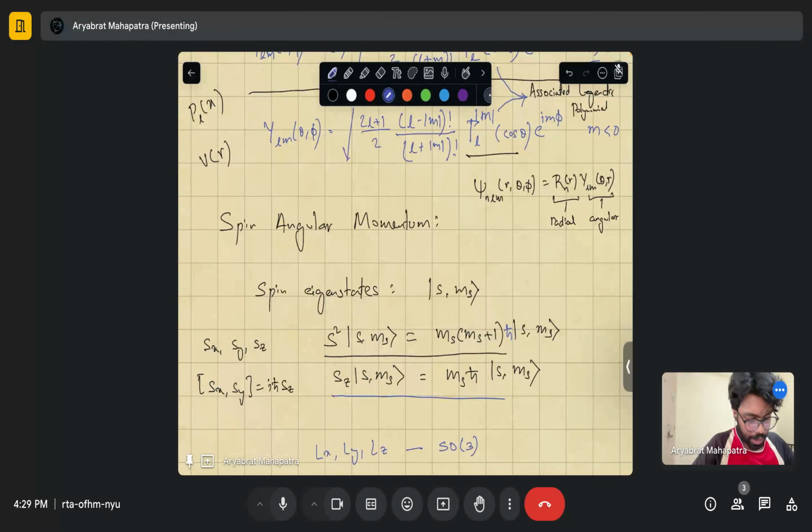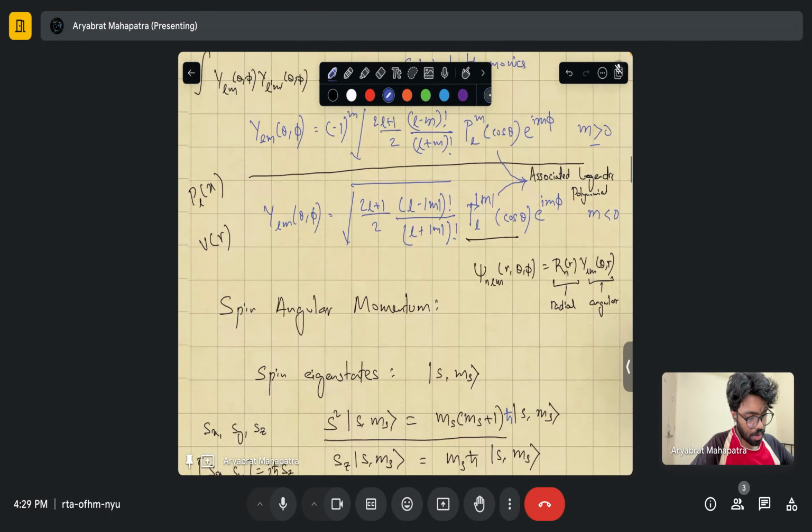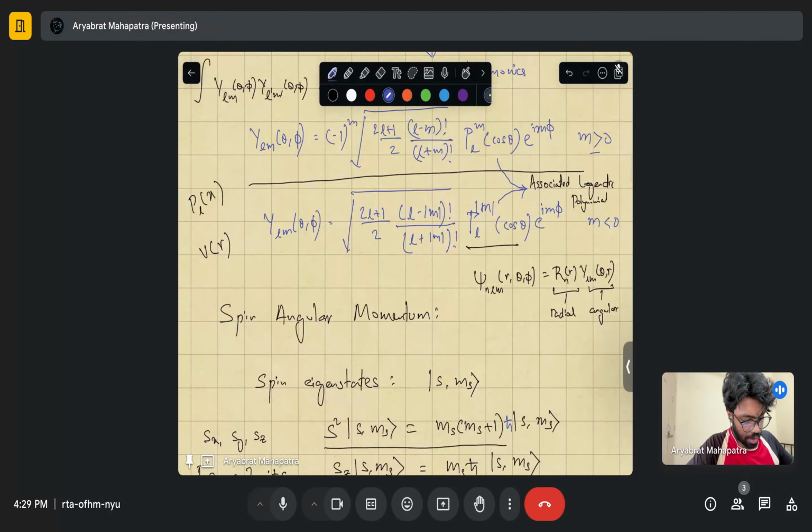So you're talking about more detail on the spin? Not only that. For example, when you write the angular wave function, you clearly explain every part: this part corresponds to a linear function, this part is the phase change, and this is the constant term. This way I can understand what is actually happening here. So you mean this YLM function, that is what you want me to explain better?